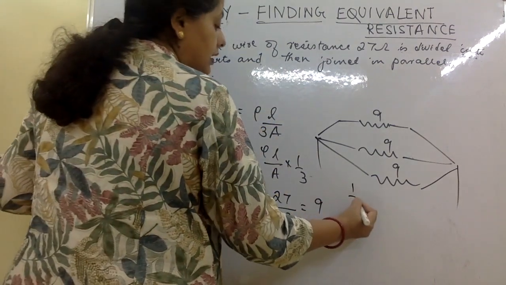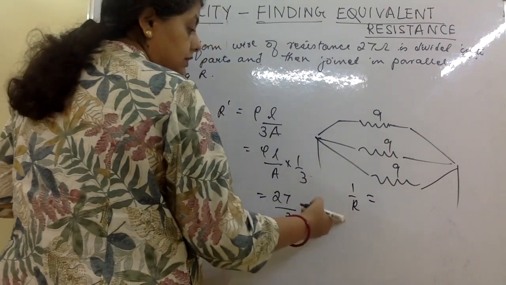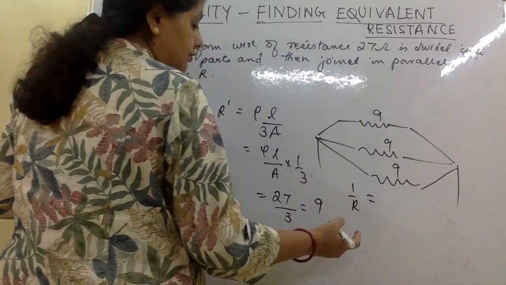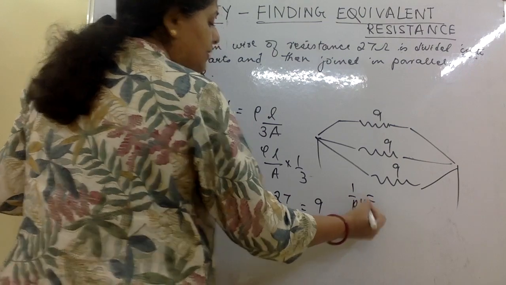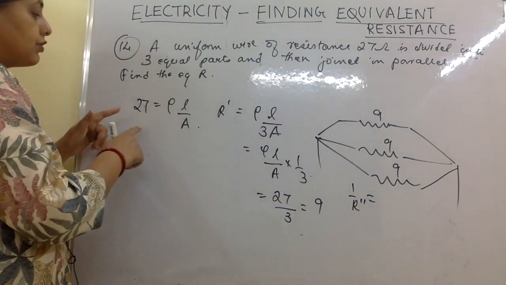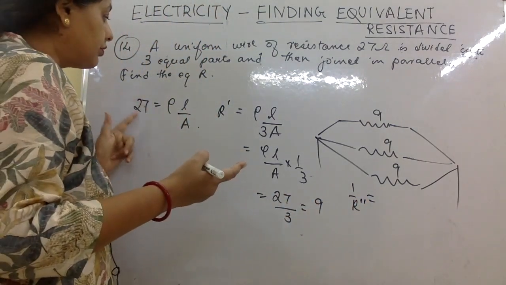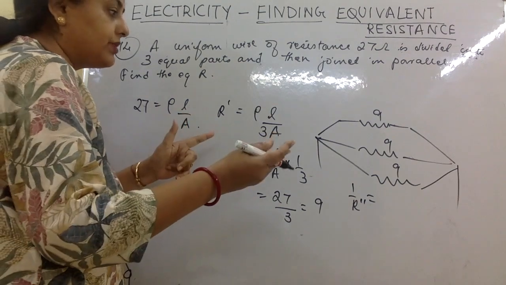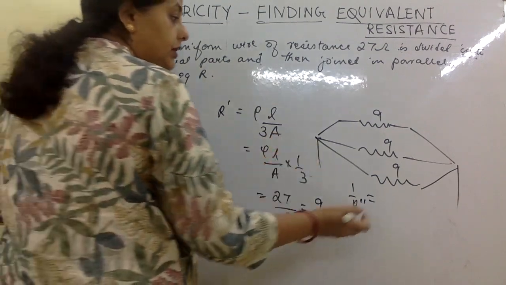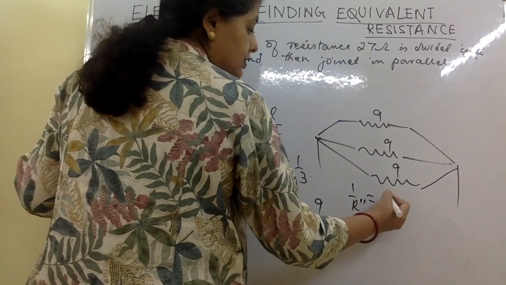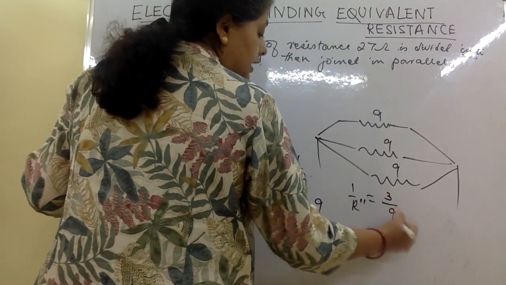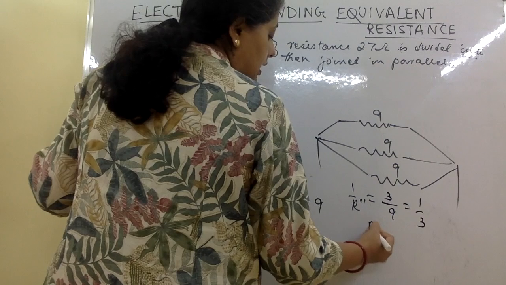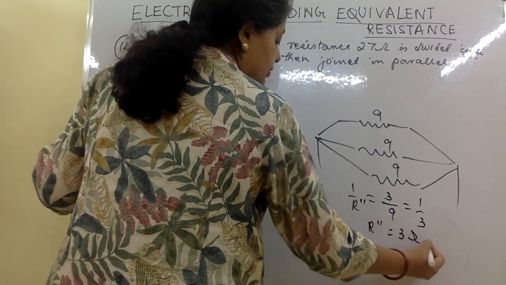So 1 by R, that is the final equivalent resistance. Let me take it as R double dash. First it was R, then it was R dash for the small pieces, and now it is R double dash, which is the equivalent resistance. It is 3 into 1 by 9, which is 1 by 3. R double dash is 3 ohms.